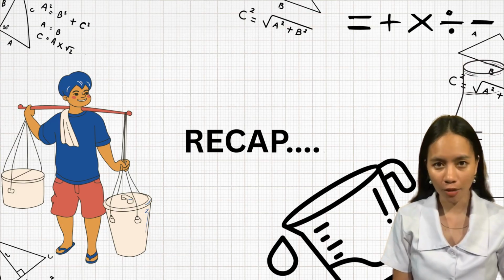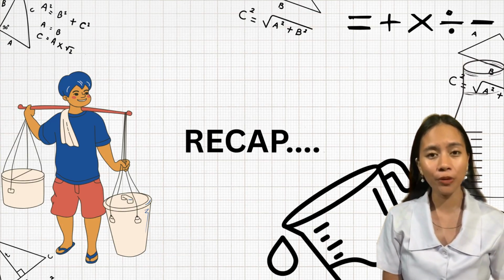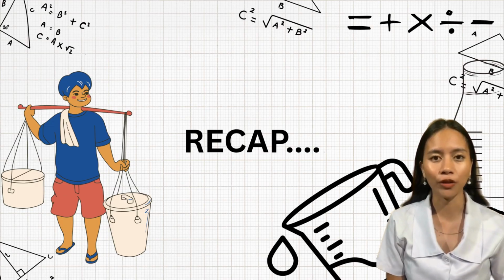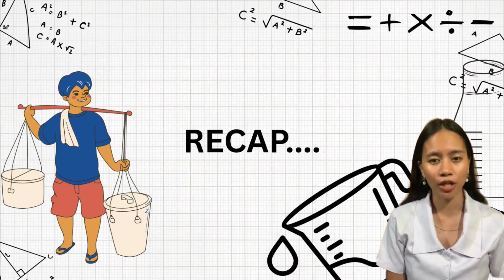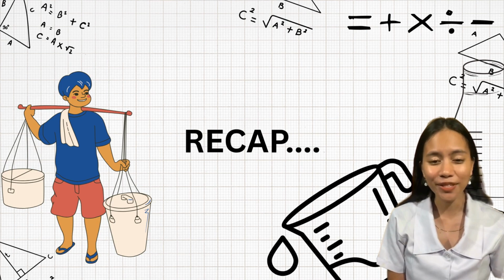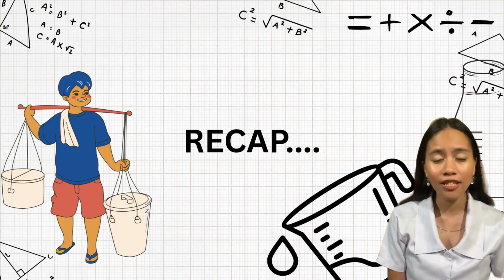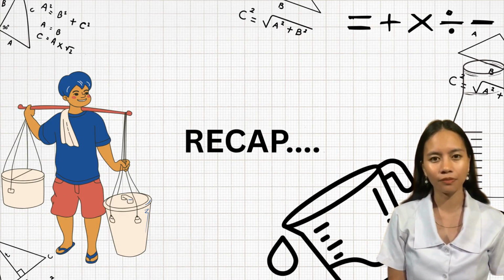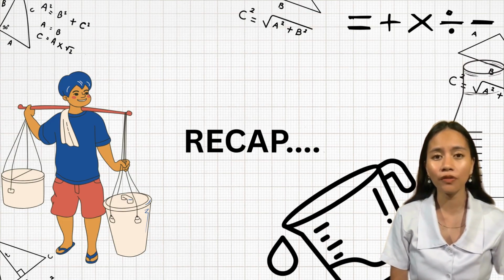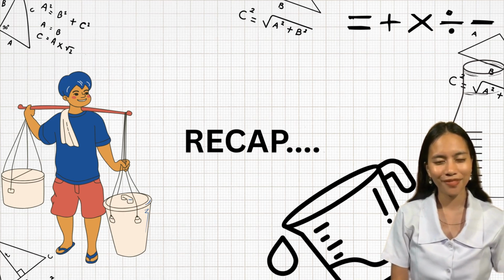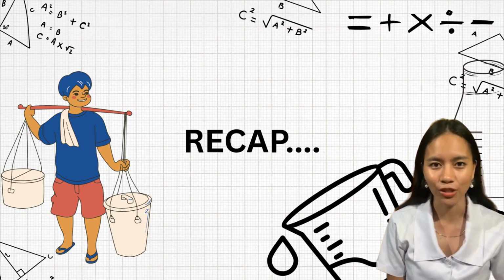Let's do a recap to know if you really understand our lesson for today. What do we call the amount of liquid a container can hold? Yes, very good. It's capacity. What unit do we use for small amounts of liquid? Very good. Milliliters.